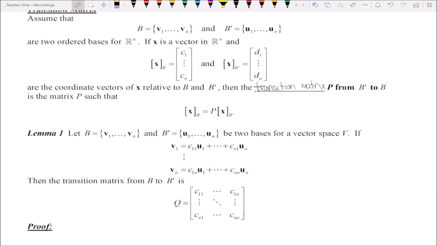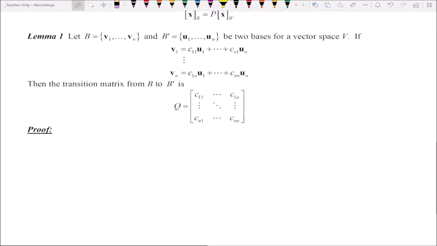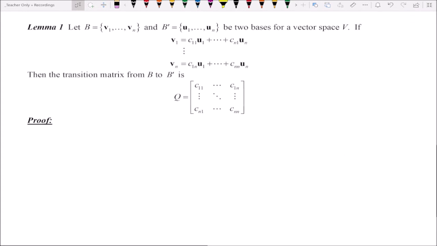We're given two ordered bases for a vector space V. If v1 is c11 u1 plus so on and so forth plus cn1 un, and vn is c1n u1 plus so on and so forth plus cnn un, so we're writing the vectors in B as linear combinations of the vectors in B prime, then the transition matrix from B to B prime is just the coefficient matrix of the system. Call it Q.